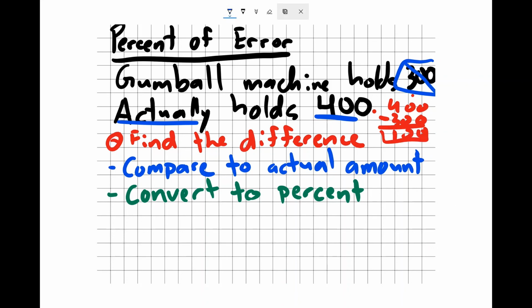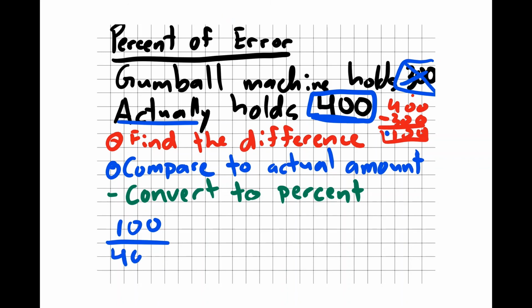Next, you want to compare again, not to your original amount or to the first number that was given, but instead to the actual amount, the true number, the true reference. So you have your difference, which was 100, and for your denominator, you want to put the actual amount, the true amount.